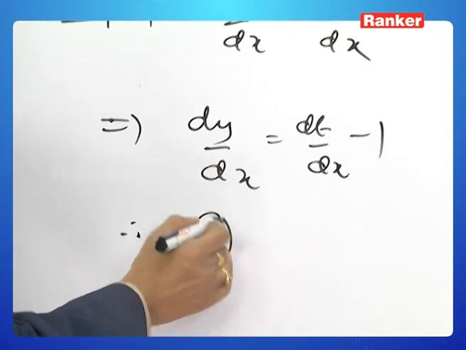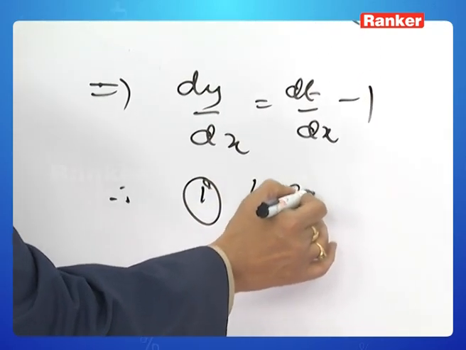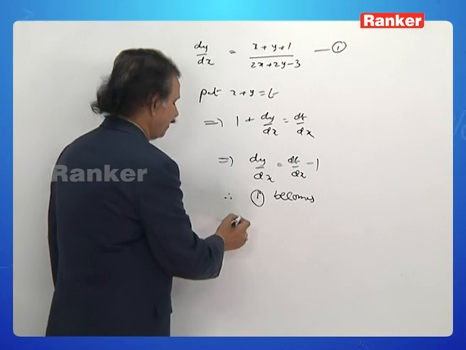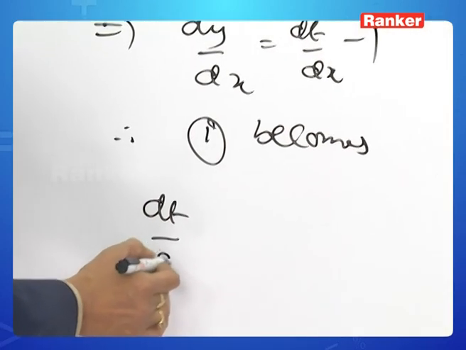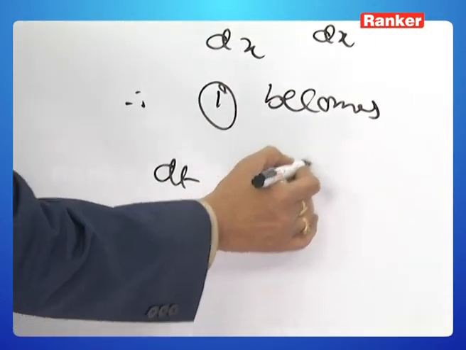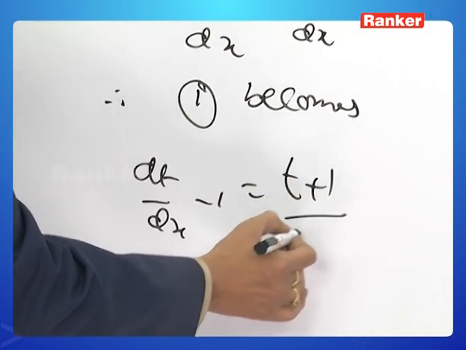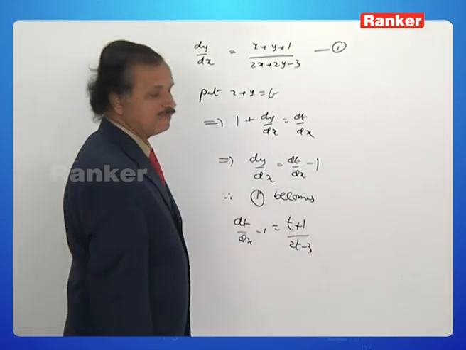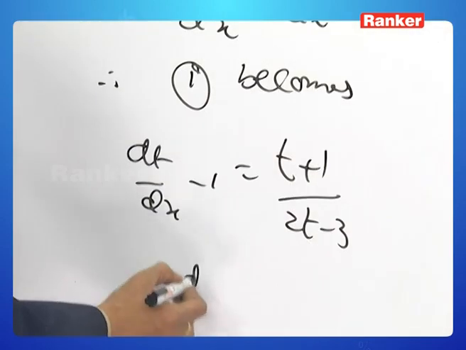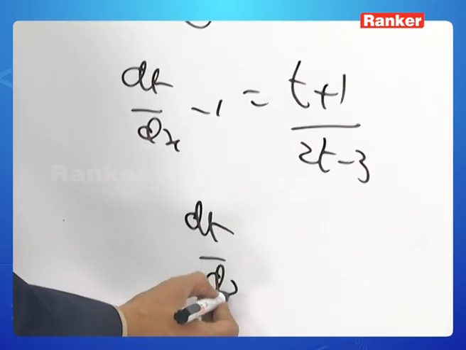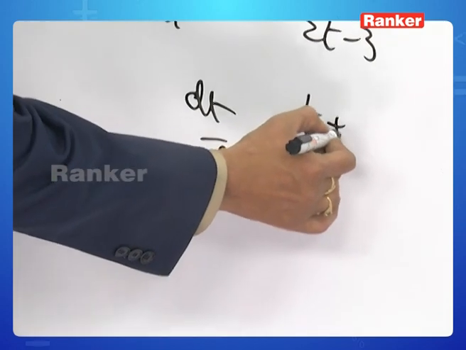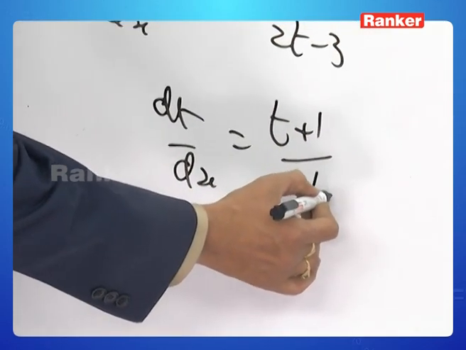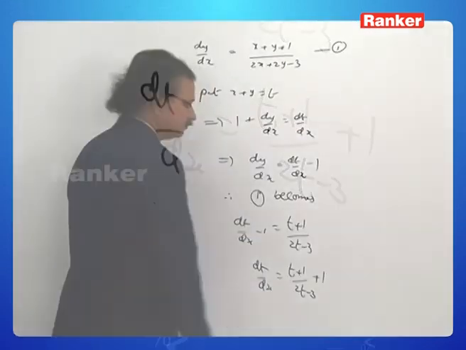Therefore dt by dx minus 1 is equal to t plus 1 by 2t minus 3. Therefore, dt by dx is equal to t plus 1 by 2t minus 3 plus 1.